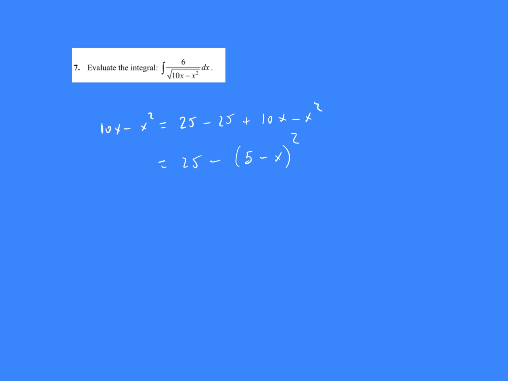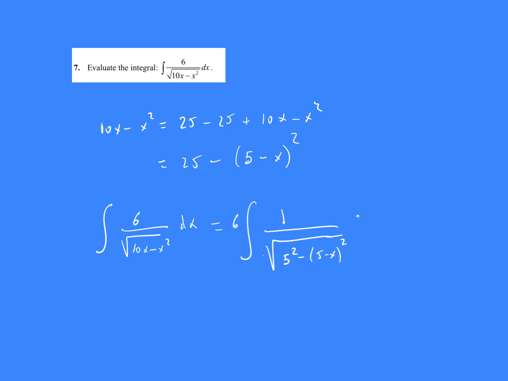The integral of 6 divided by the square root of 10x minus x squared dx. We can put the 6 outside of the integral, and it will be 1 divided by the square root of 5 squared minus 5 minus x squared dx.